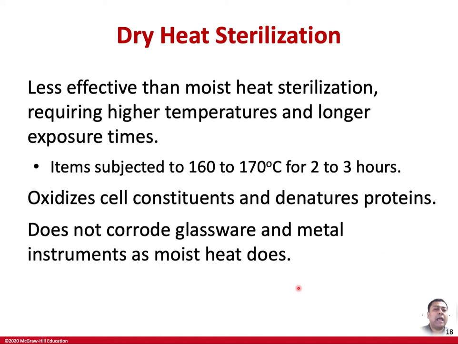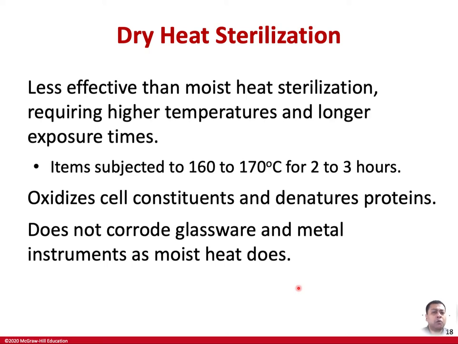On the other hand, dry heat sterilization is much less effective. For example, Clostridium botulinum, you know, is one of the causal microorganisms for food poisoning. Botulinum toxin is very, very toxic.